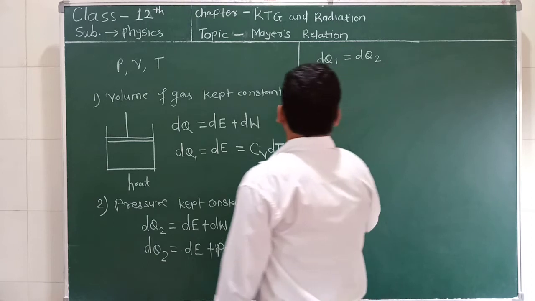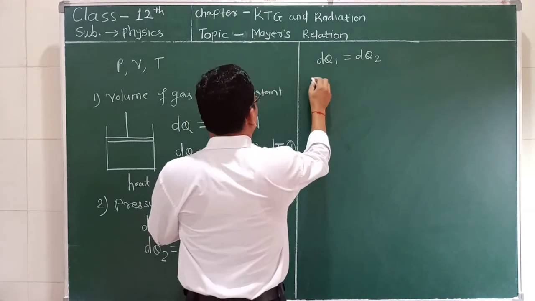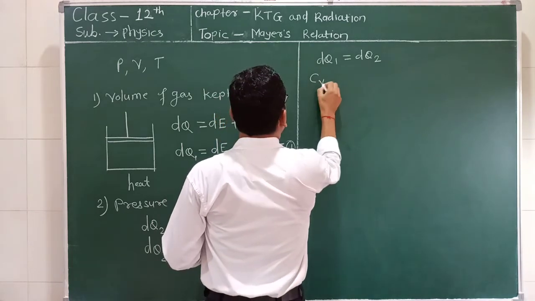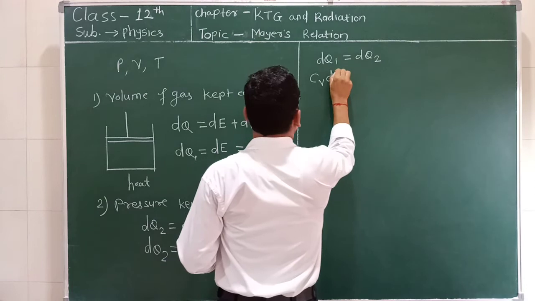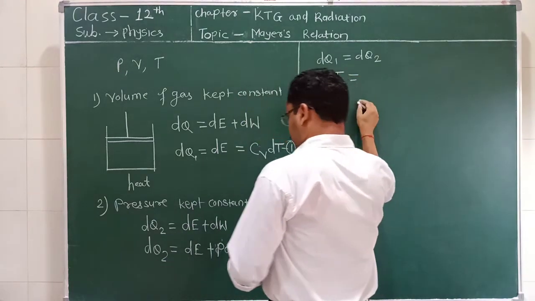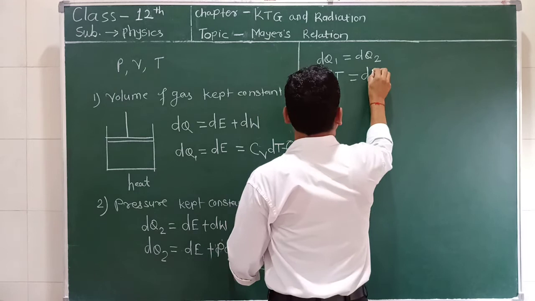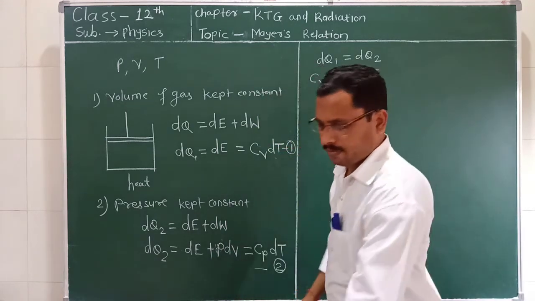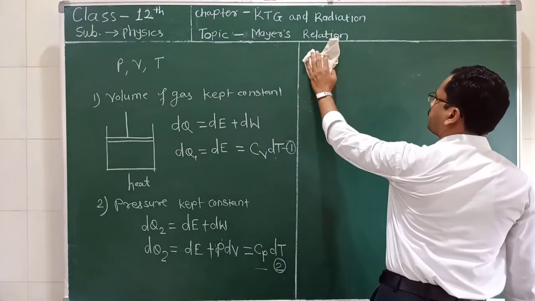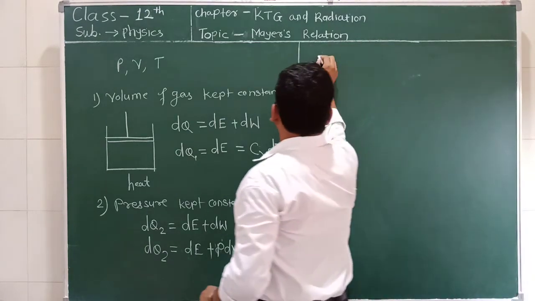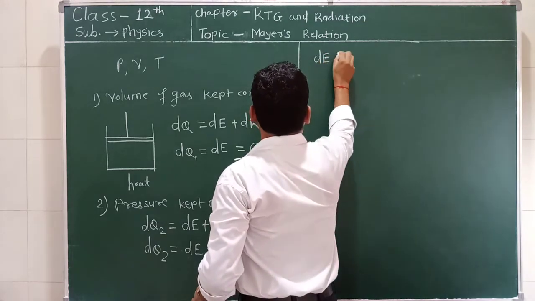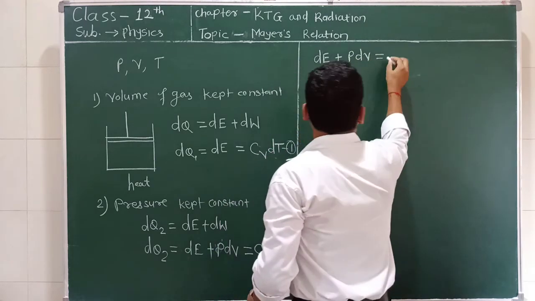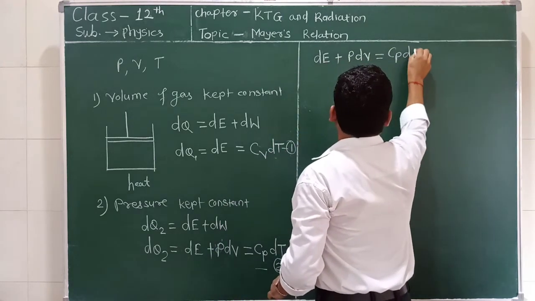So we can write Cv dt is equal to dE plus pdV is equal to Cp dt.